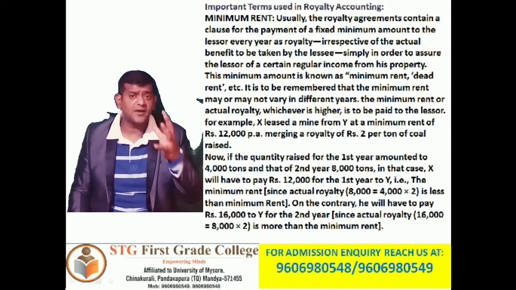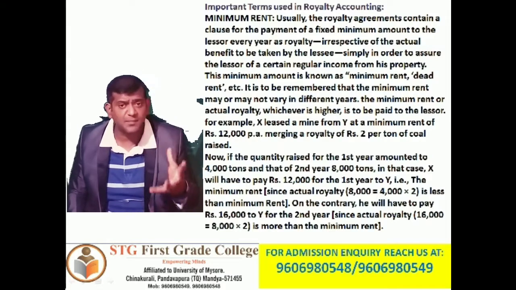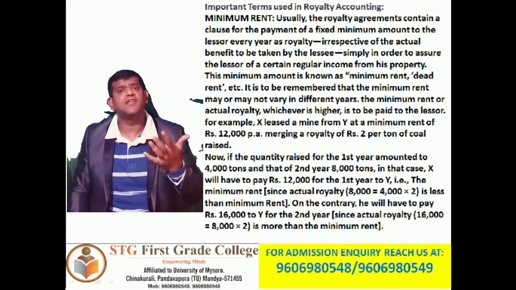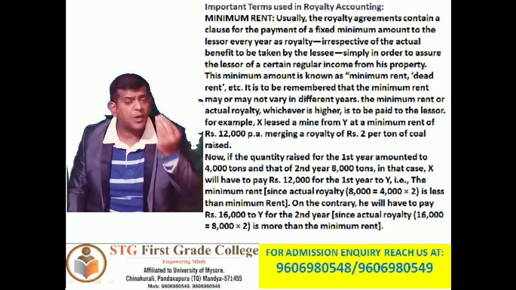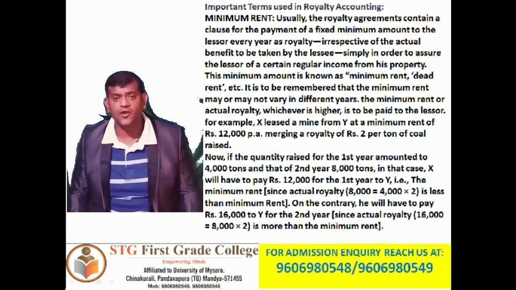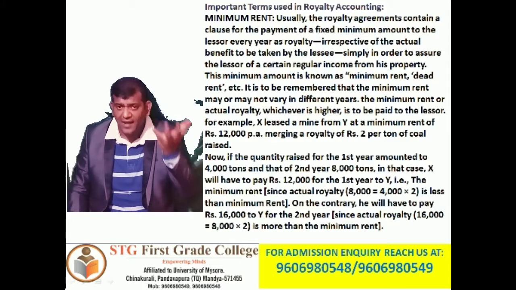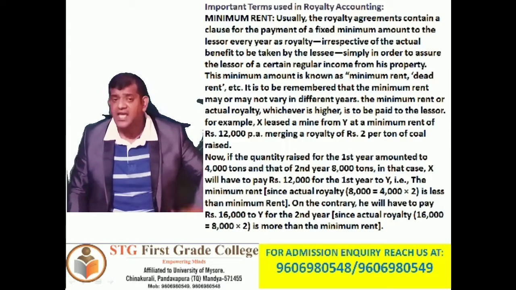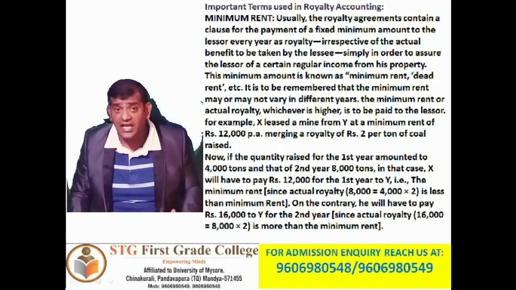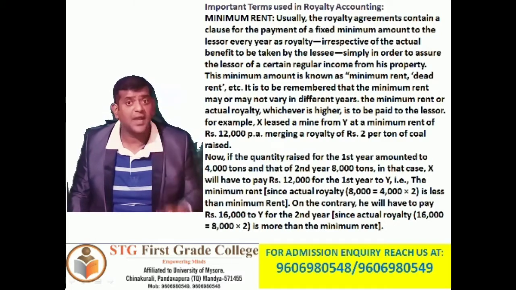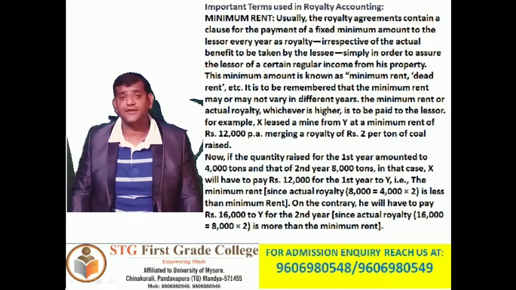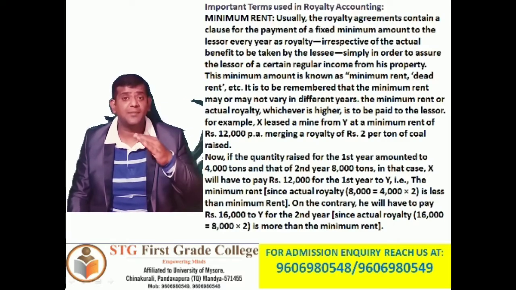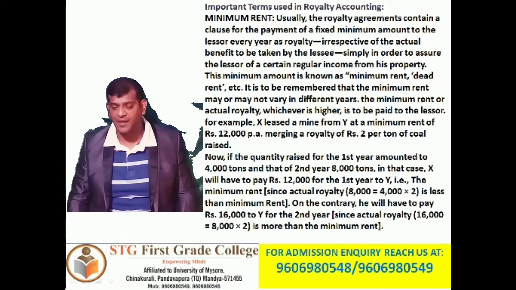See, the lessor or the owner has given some property, so obviously he will expect at least a minimum return. Clear? So we have one clause under the royalty agreement which clearly says that even if your production is less, you are supposed to pay a fixed consideration, that is a minimum consideration.